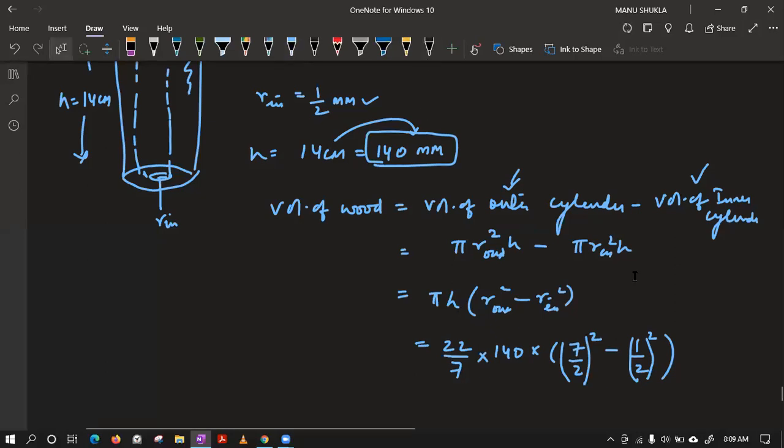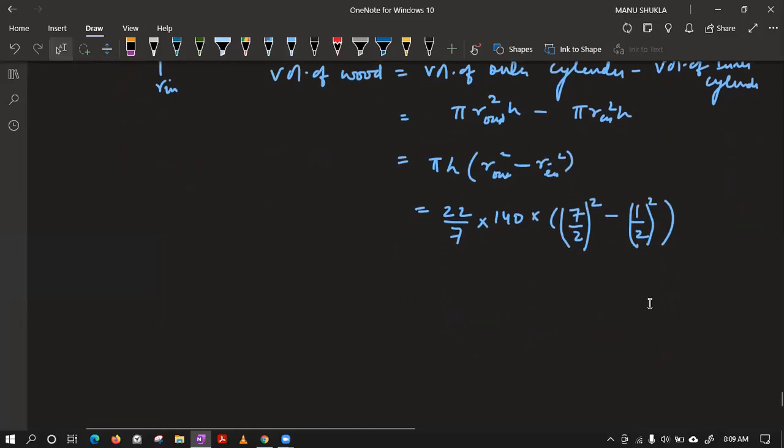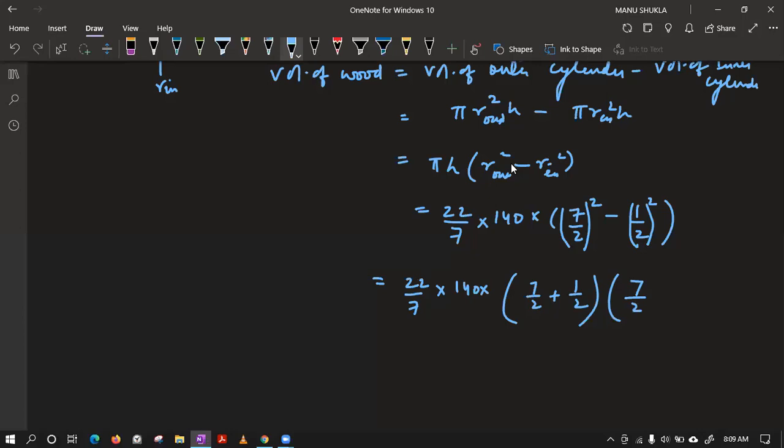Now there are two things. You can open the squares and then solve, or you can go for that a plus b, a minus b formula. Whatever you feel is easy, you can go for that. So 22 by 7 into 140 into (7 by 2 plus 1 by 2) into (7 by 2 minus 1 by 2), and when you solve this you will get 8 upon 2, and here you will get 6 upon 2.